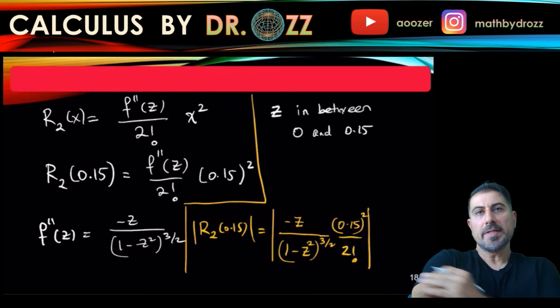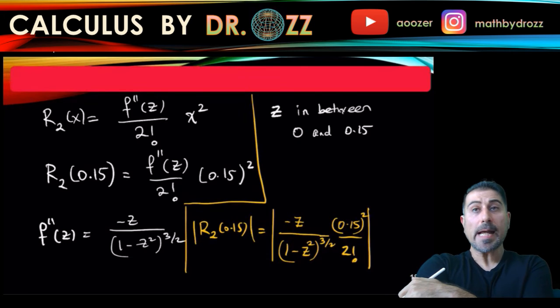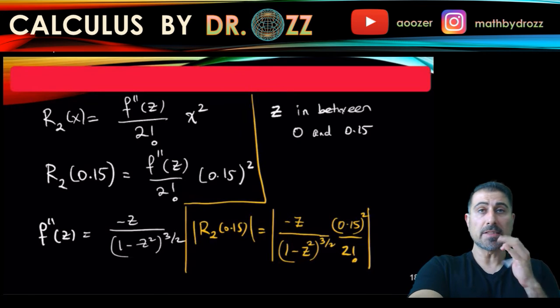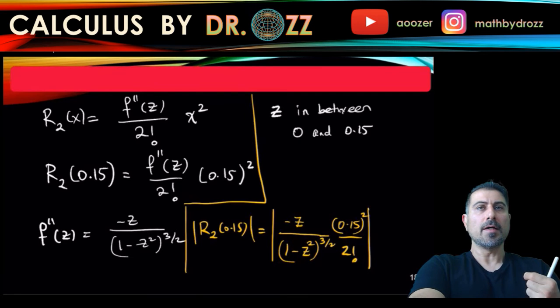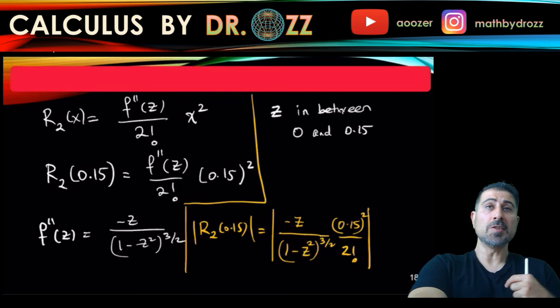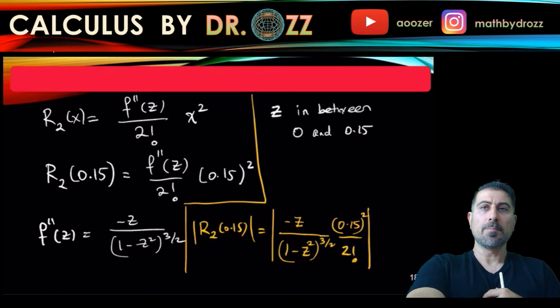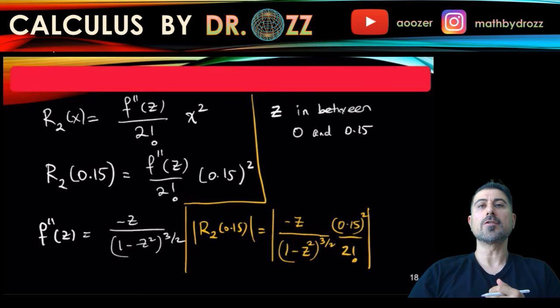All right, at this moment, by the way, I took the absolute value of R1 at 0.15 because I need to find an upper bound. I'm going to try to majorize this quantity. I don't know exactly what z is, except that I know it's in between 0 and 0.15. But I'm going to try to maximize this quantity by taking the absolute value, so I'll see the maximum error, okay?